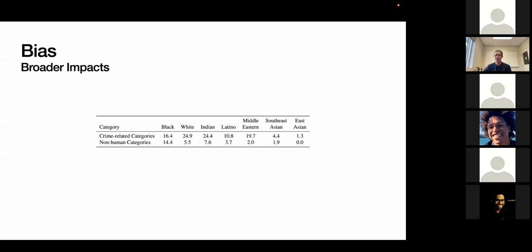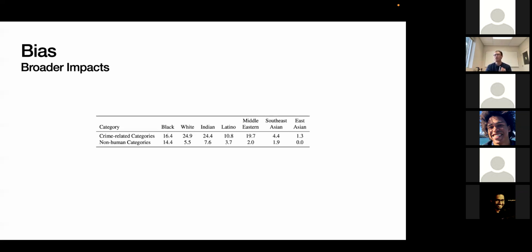And the model is more likely to put white people into crime-related categories, and also to put Indian people into crime-related categories. So this is the bias of the model.